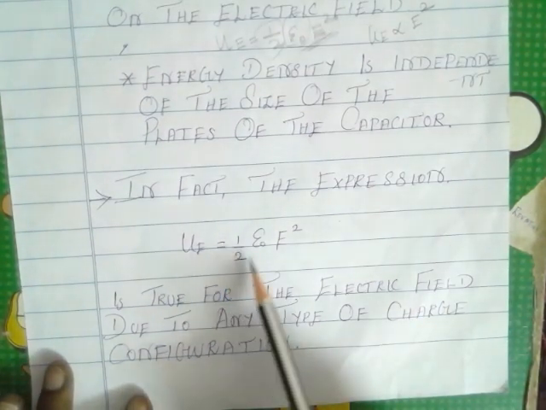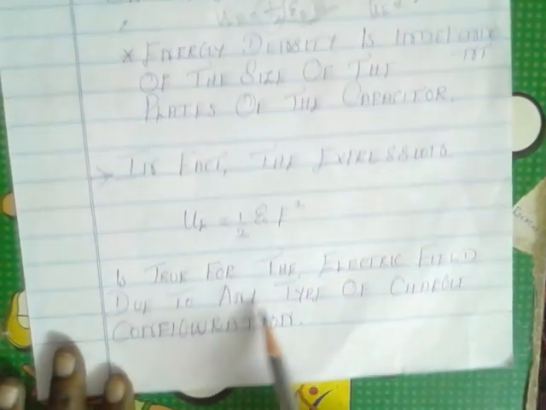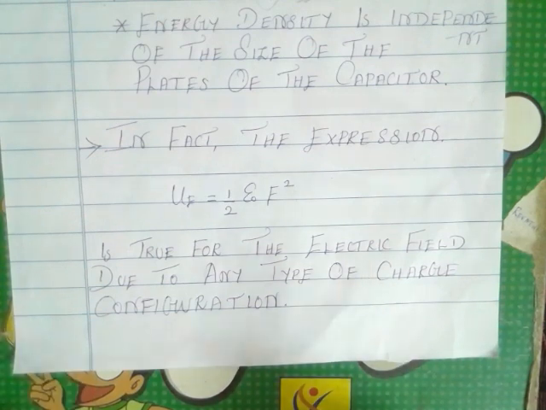In fact, the expression u is equal to 1 by 2 epsilon naught E square is true for the electric field due to any type of charge configuration. Thank you.